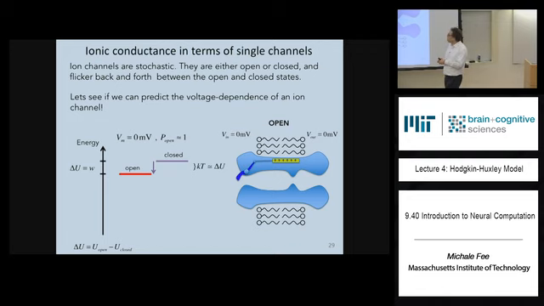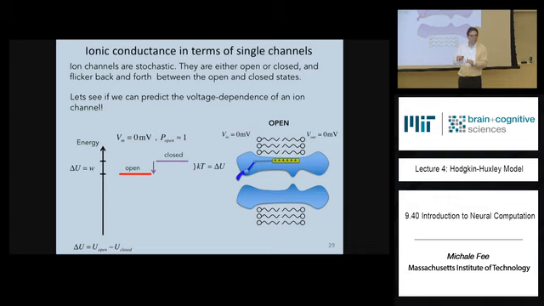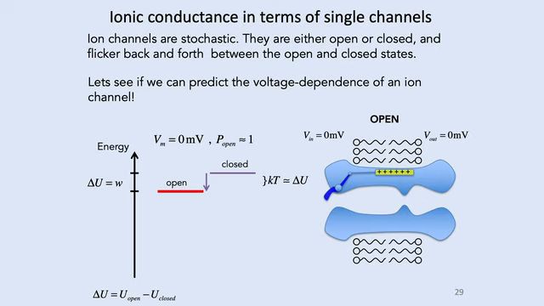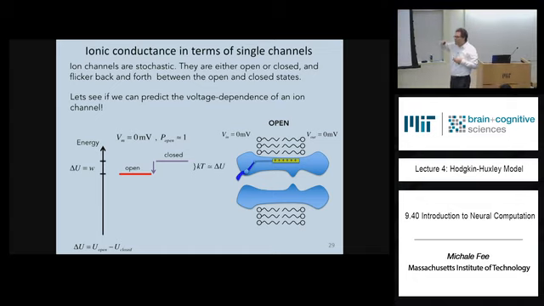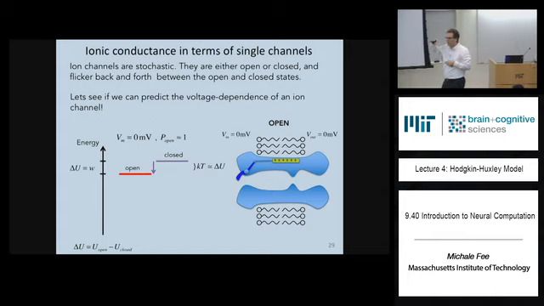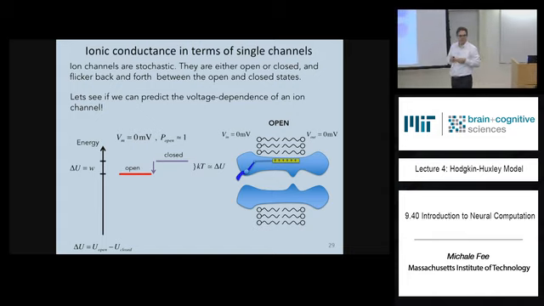So what that means is that the open state has a lower energy than the closed state. Right? The channel likes to open when the cell is depolarized. That means the voltage inside and outside are close to each other. Let's call that energy difference delta U. Okay? And it's close to KT, because when it's open, the channel kind of flickers back and forth between open and closed. Does that make sense?